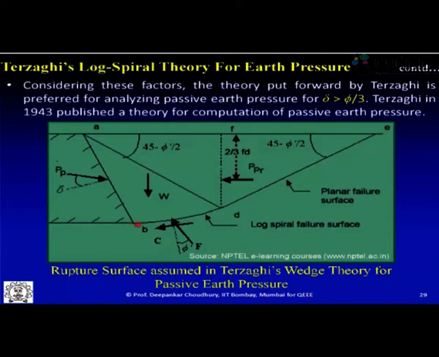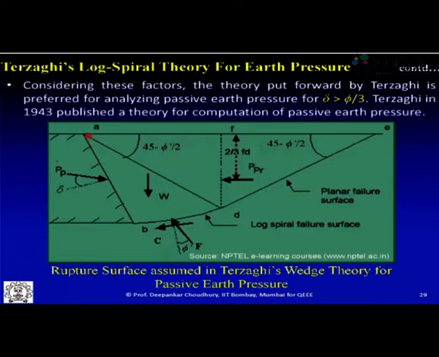Now, in this composite failure surface, the portion BD is nothing but a section of a log spiral, and the portion DE is nothing but the planar failure surface, which Terzaghi considered equal to the Rankine failure surface. That means its exit angle or angle of failure plane at this point will be nothing but 45 minus phi/2, because this is the passive state. So then, what way did Terzaghi do the analysis?